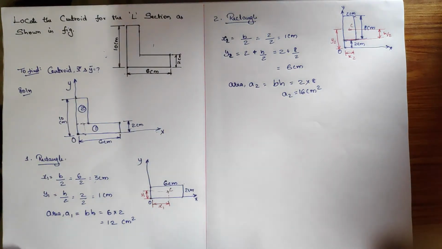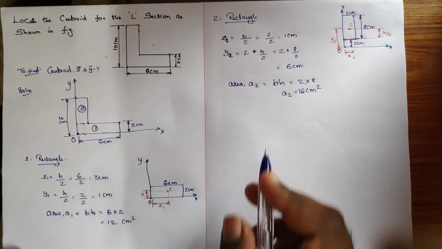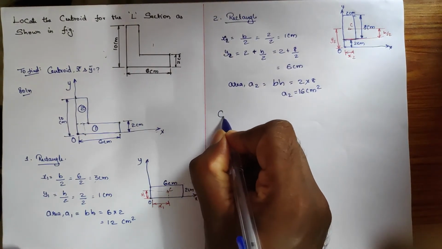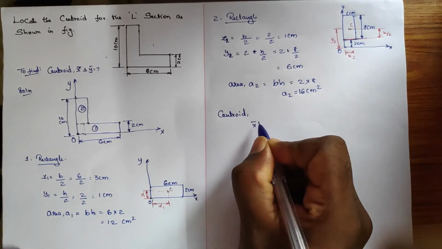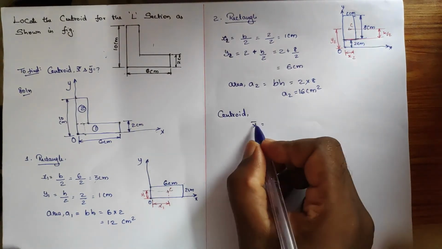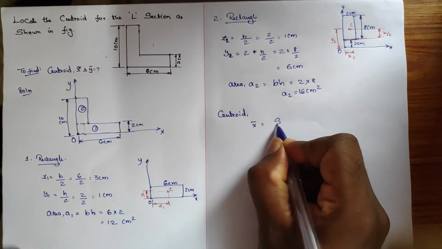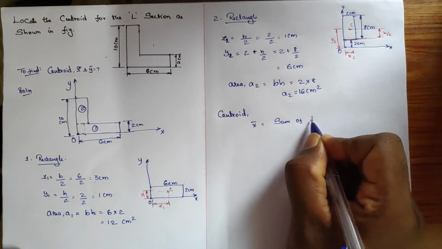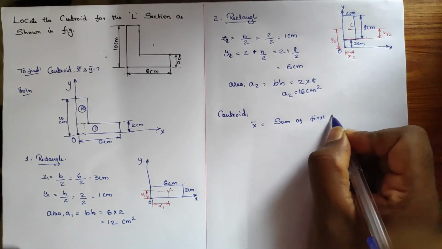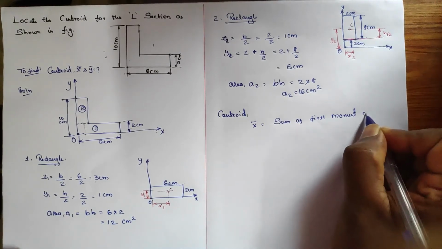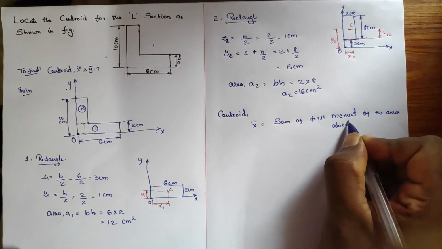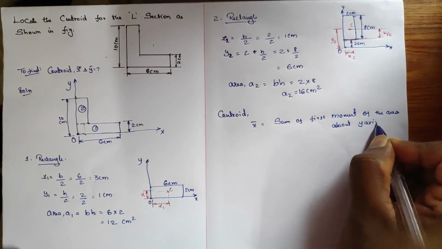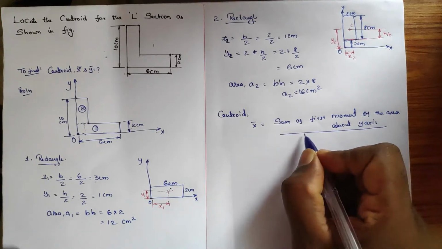So the formula will be for the centroid, x bar. Here in total we call it x bar, and it is the sum of the first moment of the area about the y axis, divided by the total area.